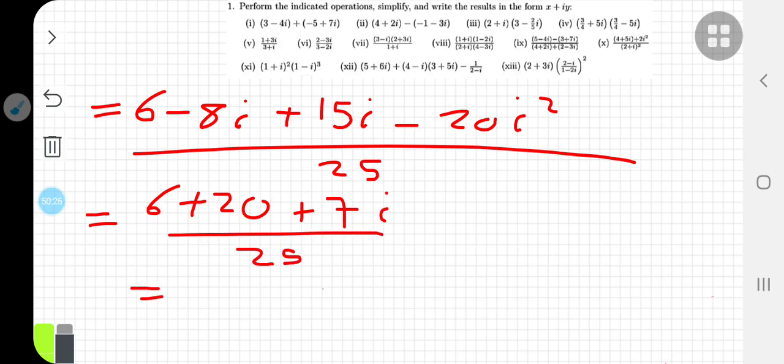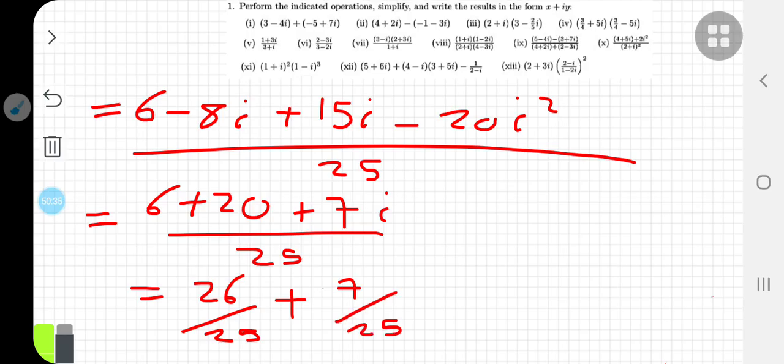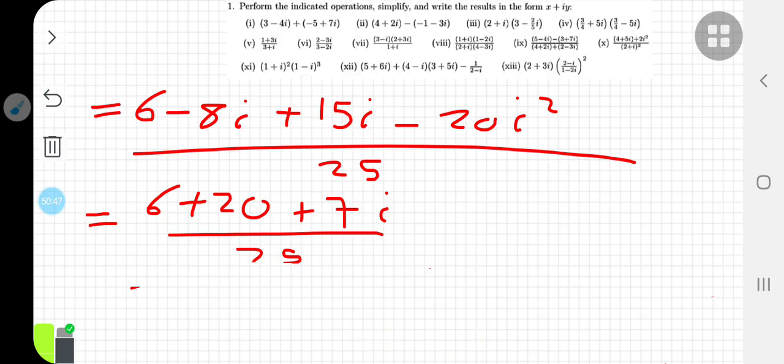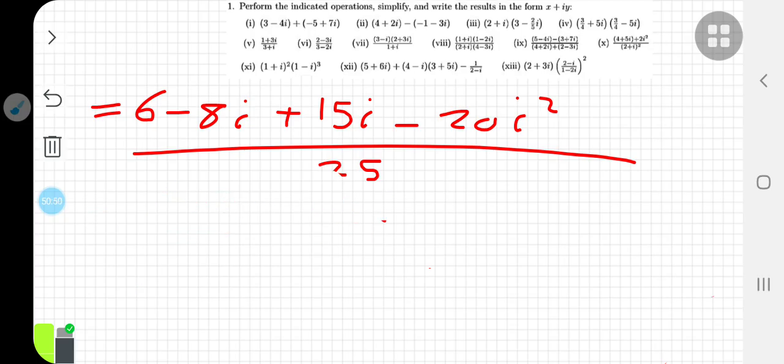So this will just give me 26 over 25 plus 7 over 25i. And that becomes my answer. So these things are simple and straightforward. So I move on to the next part.